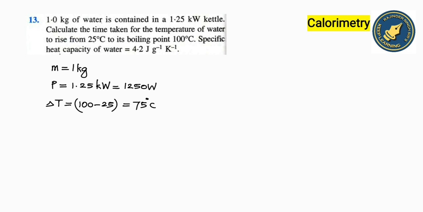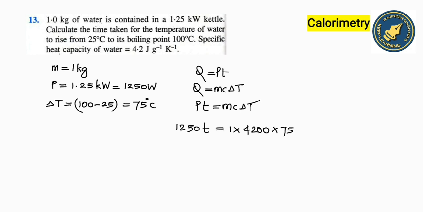And specific heat capacity of water is given. Same thing according to the principle of calorimetry, heat lost, or you can write the way we have done earlier, Q is equal to PT. Q is equal to mc delta T. Both are Q, hence I can write PT is equal to mc delta T, substituting the values.